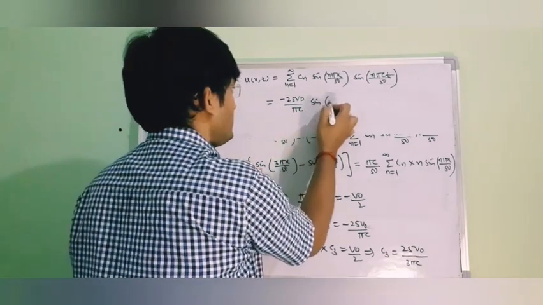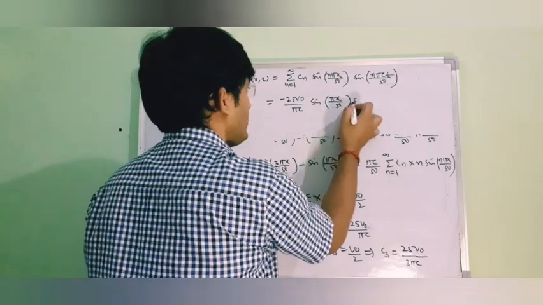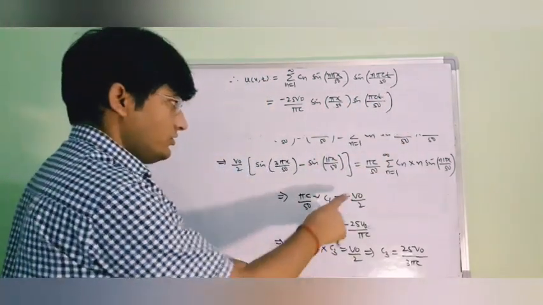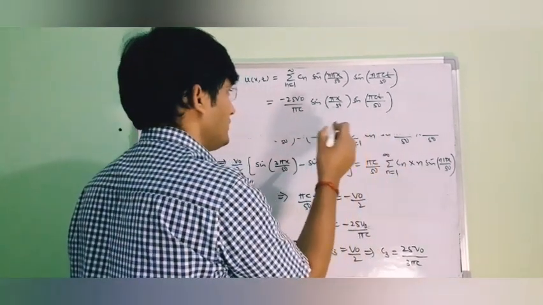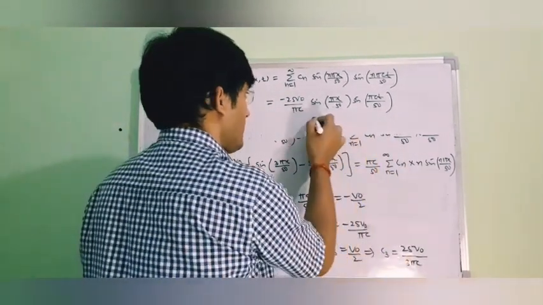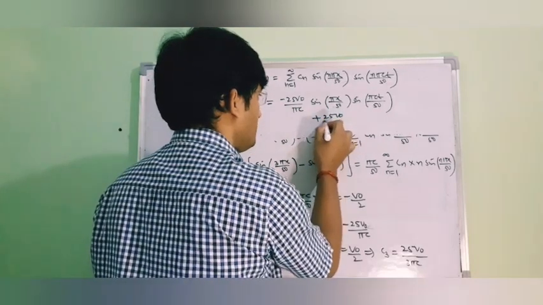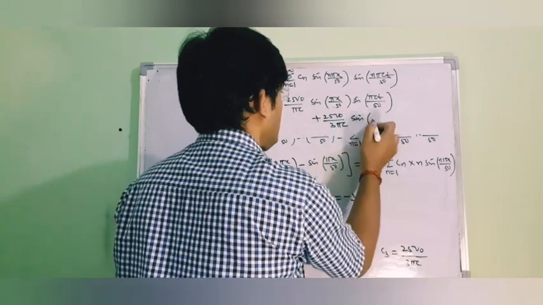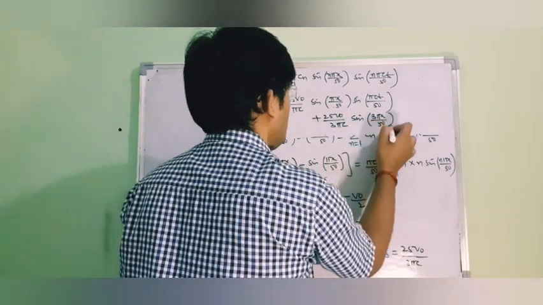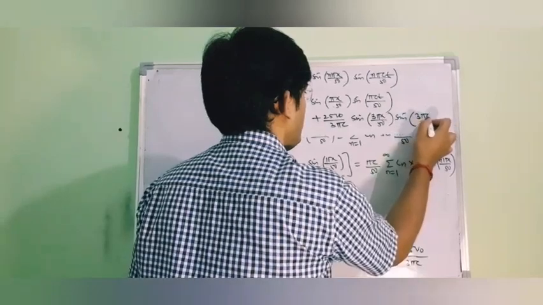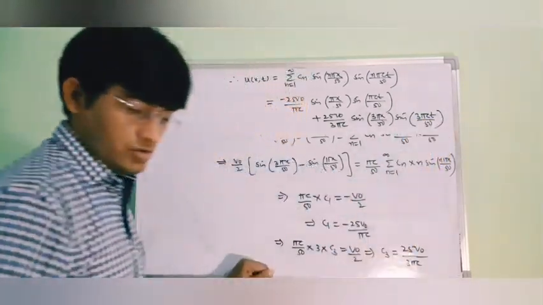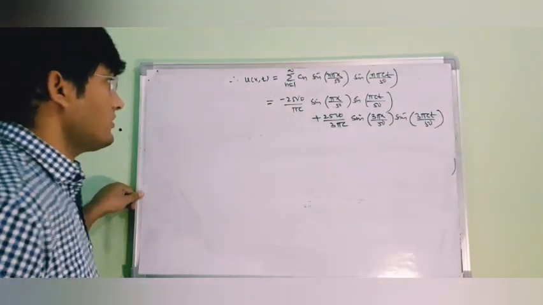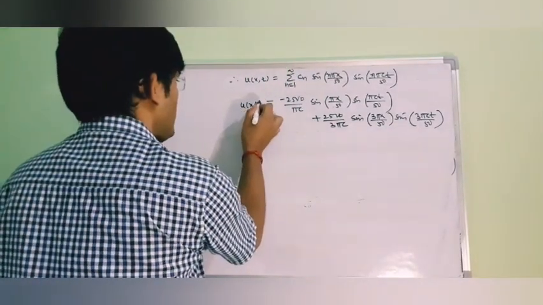Then this will be your sin pi x upon 50 into sin pi ct upon 50. And the other coefficient will be when your n is 3, that means c3, and the value of c3 is 25 v naught upon 3 pi c. And then this will be your sin 3 pi x upon 50 into sin 3 pi ct upon 50. So this is the solution of this one-dimensional wave equation.